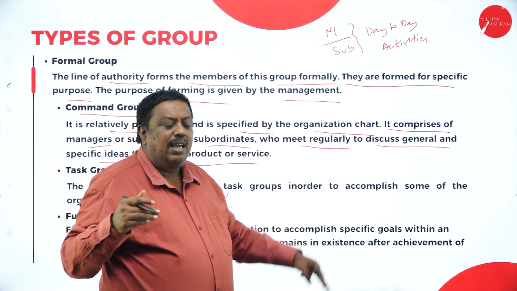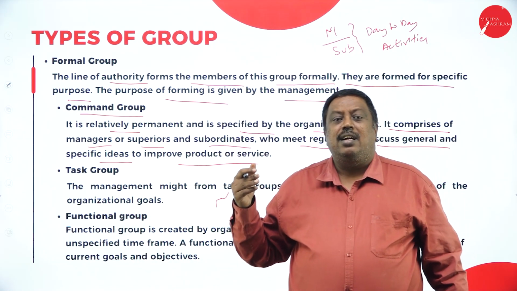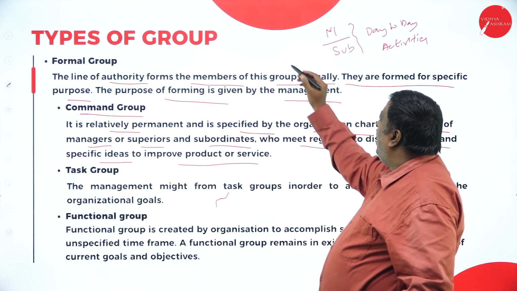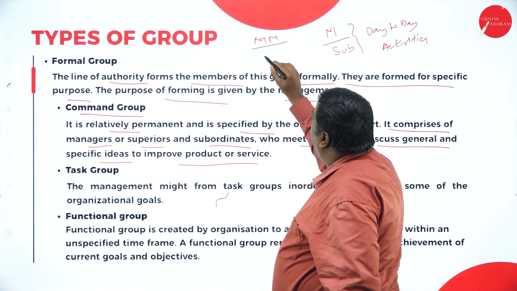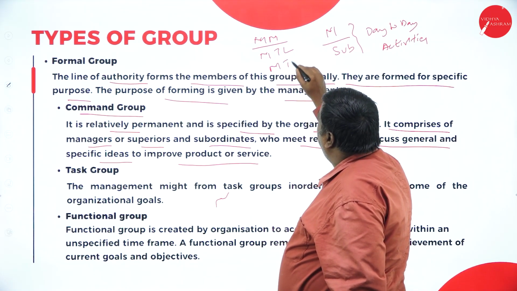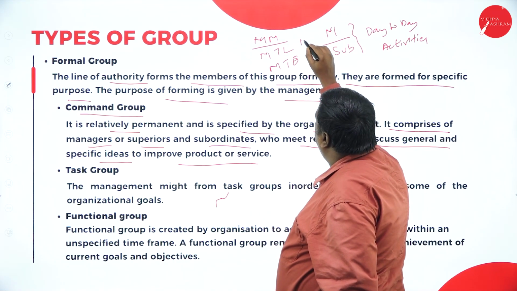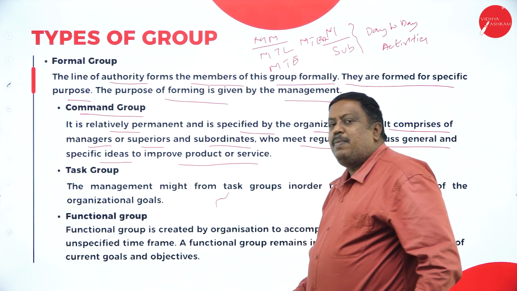Like for example, if they're in the marketing department, the marketing management should create a group in such a way that there is a marketing manager, marketing team leader, marketing team executive, and marketing team executive assistants, like the people who will be there.